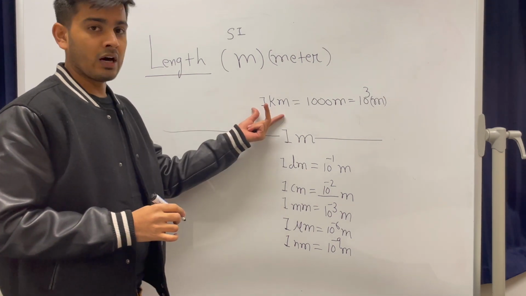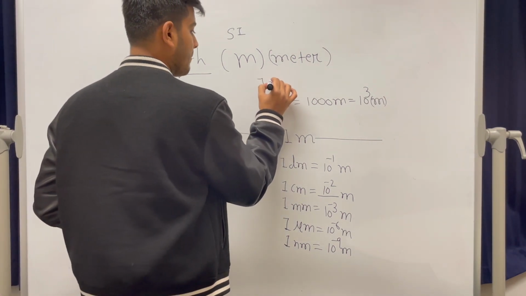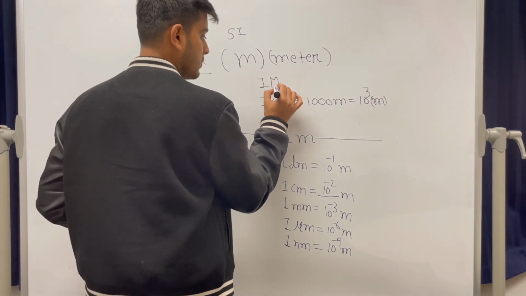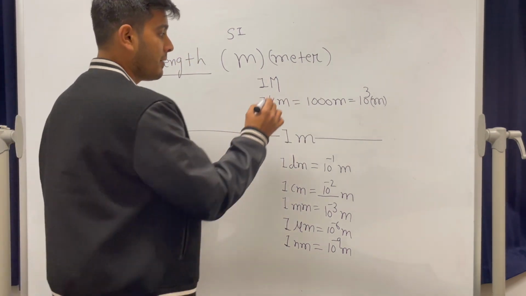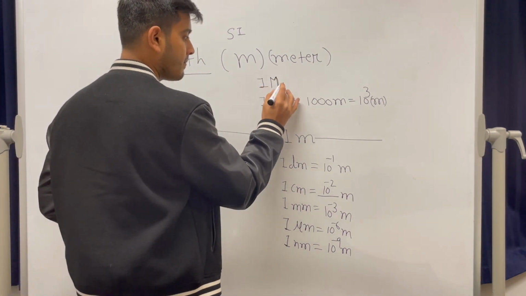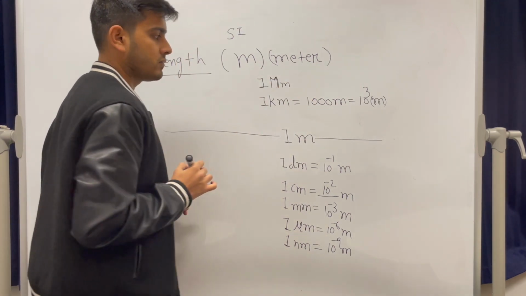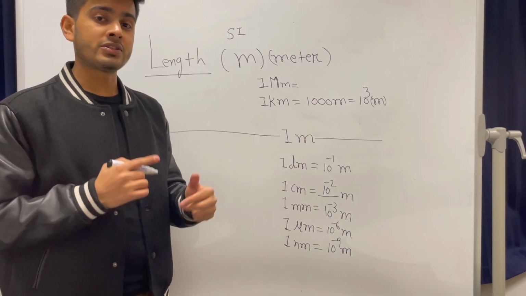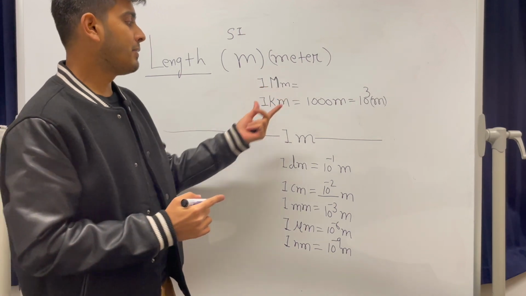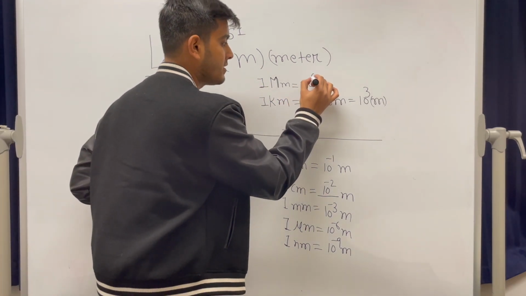What about mega? 1 megameter. Mega is capital M, not small m, and meter is small m. Mega is 10 power 6, so 1 megameter is equal to 10 power 6 meter.